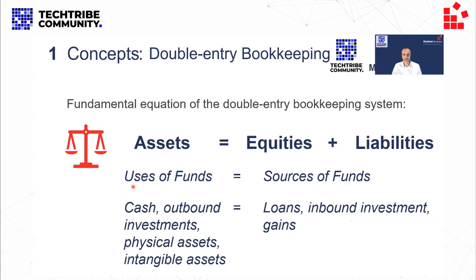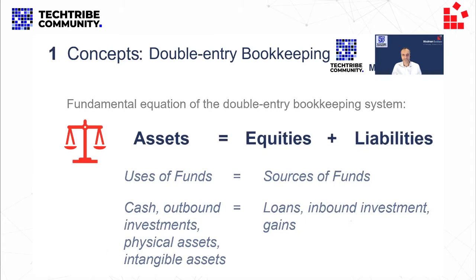They are sources of funds that become available to be used. And liabilities are really about loans, so short and long-term loans and other means of getting money into the business. Whereas with assets, you talk about things like cash, outbound investments, physical assets, and then also intangible assets.